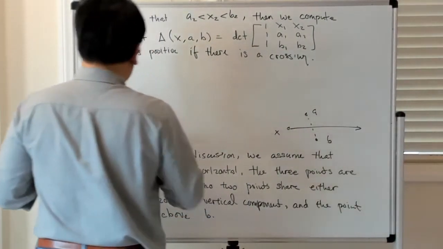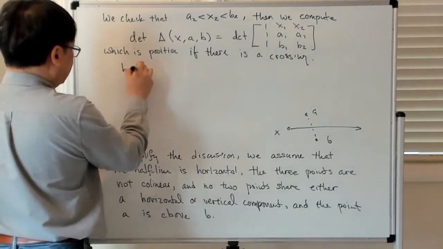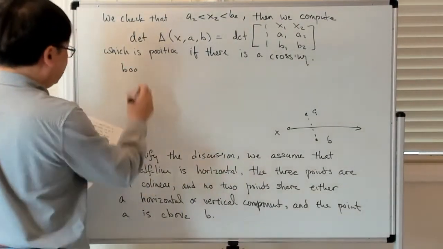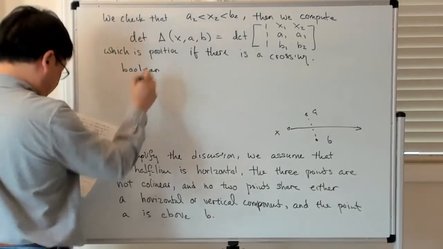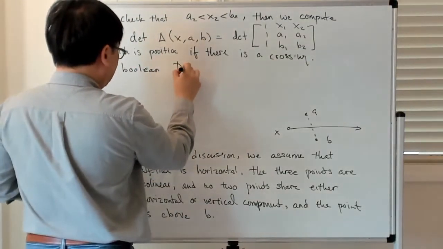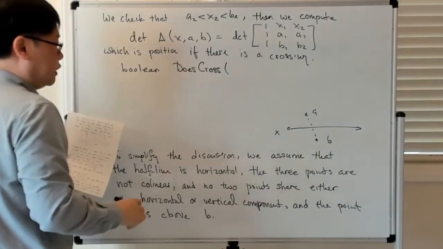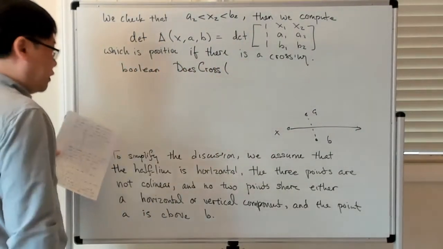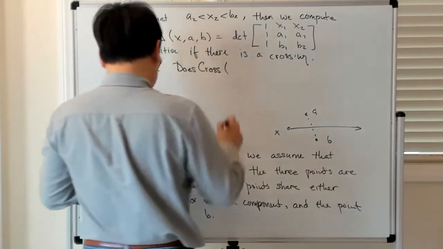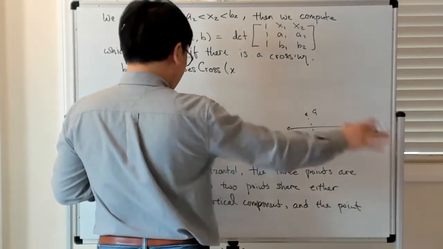It returns a Boolean, true or false, and asks the following question: does the line segment AB cross this half line emanating from X?